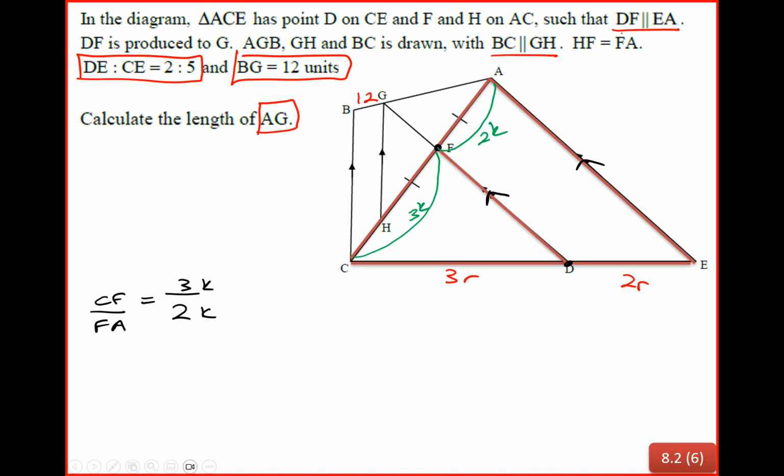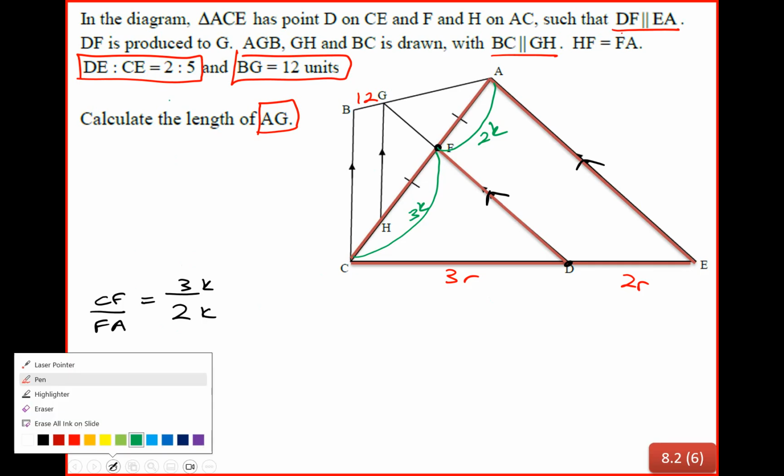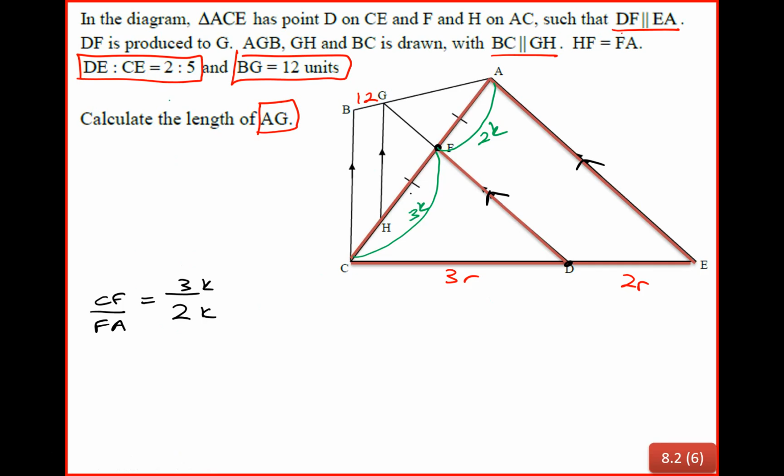But remember, we know that HF is equal to FA, so which means that HF has to be 2K as well.